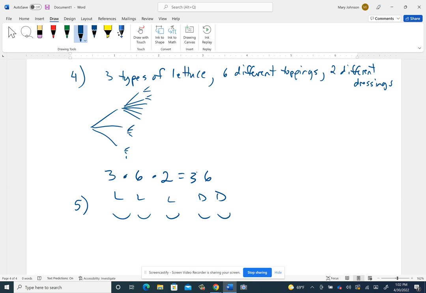It says determine the number of different license plates possible if, on A, repetition is not permitted on either letters or digits.